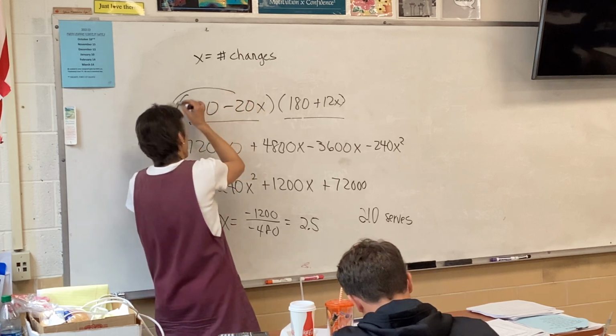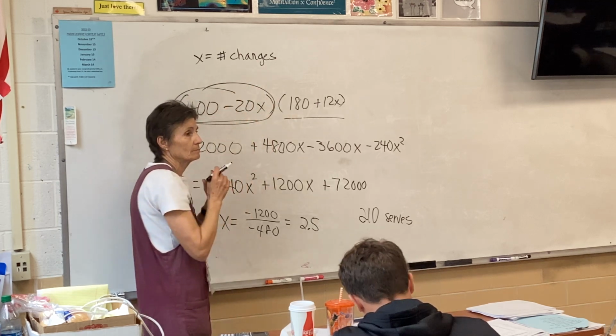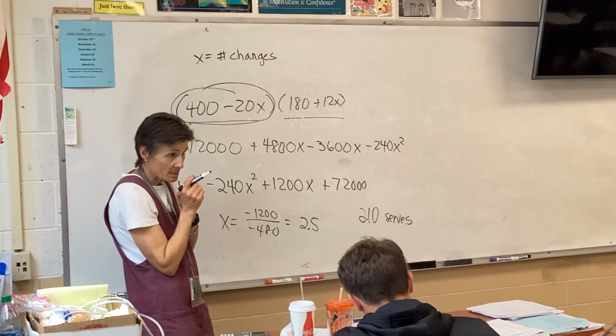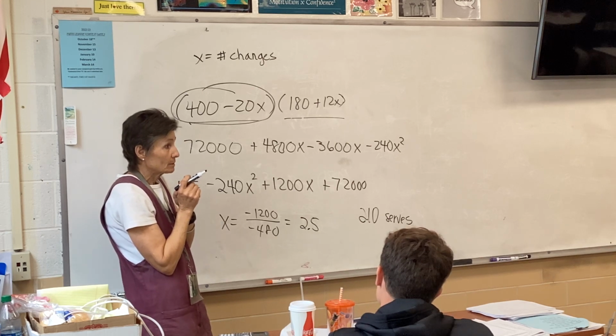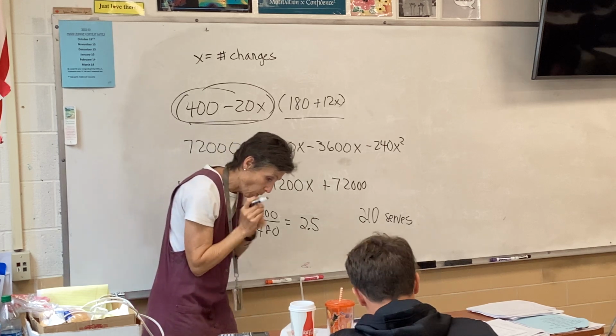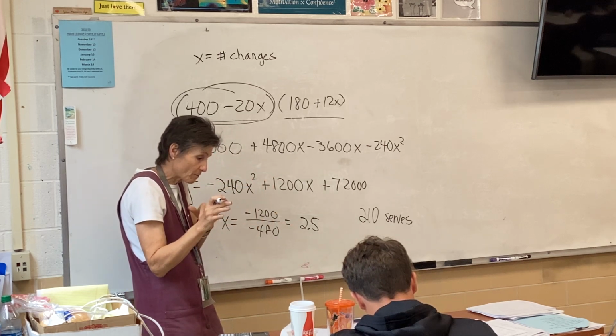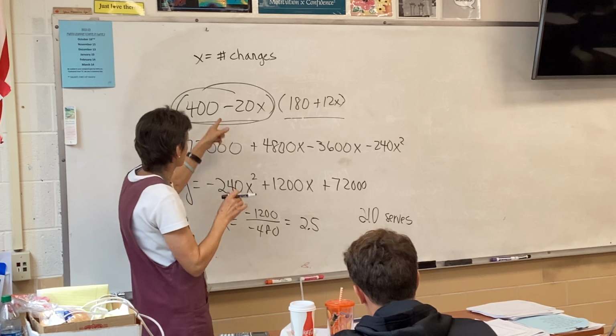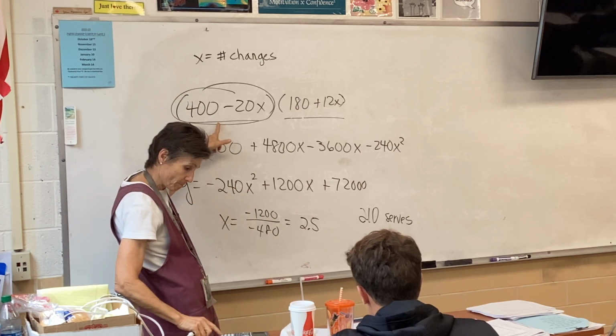What would this part of the problem tell me? How many minutes? I think that's what they're asking, right? Isn't it asking to find the number of minutes? Yeah. Maximize the number of serves, but it says find the number of minutes. So let me plug it in here. Wait.